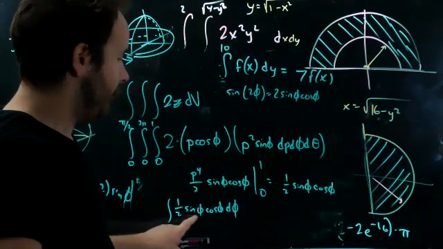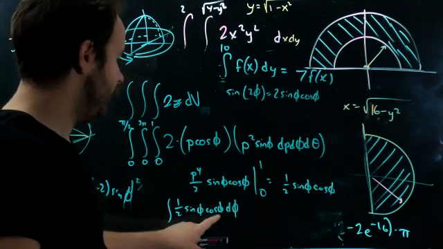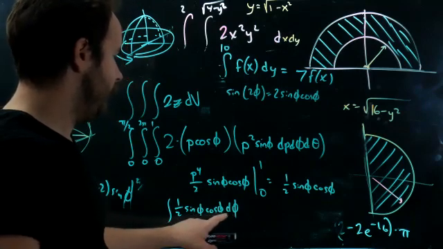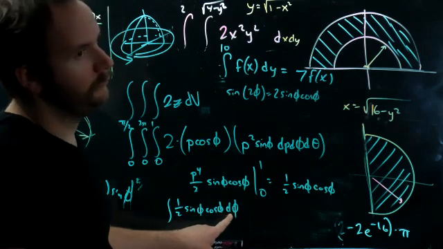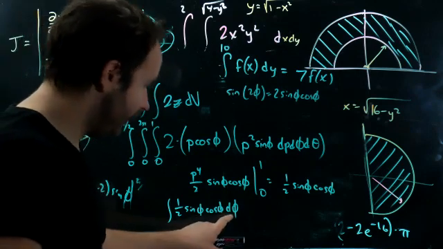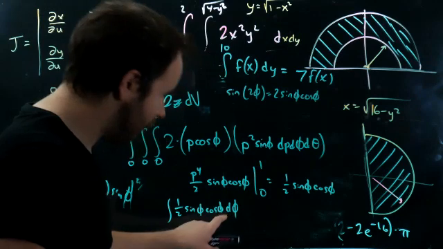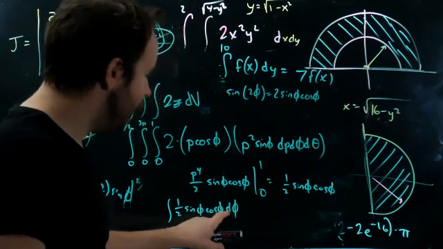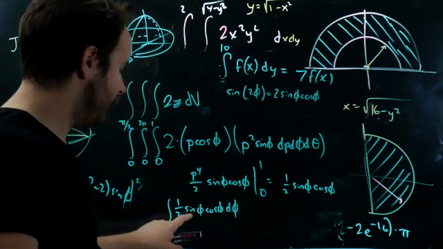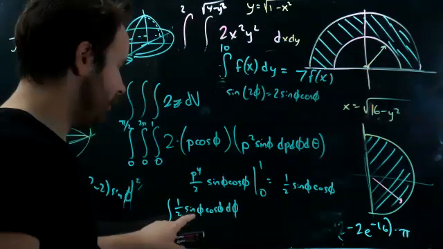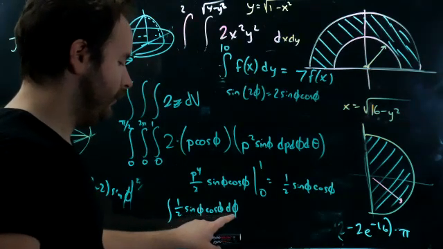Sine phi. Because du would be what? Cosine phi d phi. Right, so this would be what? u. And this whole thing would be what?